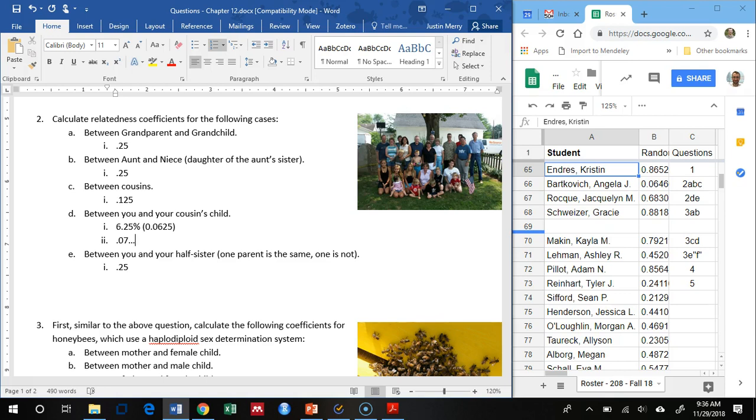So this would be father, this would be mother, this would be a child, this would be another child, so these would be siblings to each other. And there's a 0.5 relationship between siblings, because you get half of your genes from your mom and half from your dad, and there's a 50-50 shot that you'll get the same ones from each kid. So there's a 0.5 relationship here.